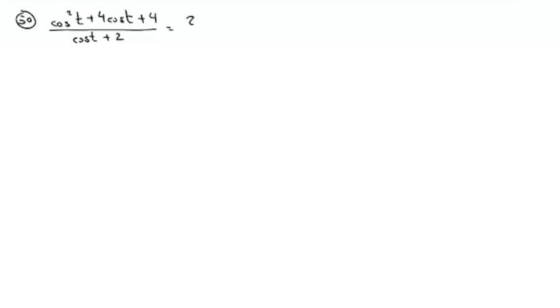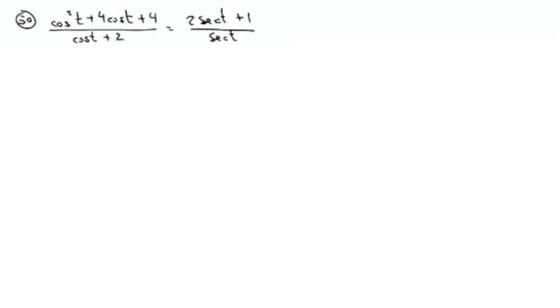That's it. The more you do of these, the better you actually get, which is kind of scary. This is cosine squared t plus 4 cosine of t plus 4 over cosine of t plus 2 is equal to 2 secant of t plus 1 over secant of t. Well, what you can start out with is, let him write it down first.